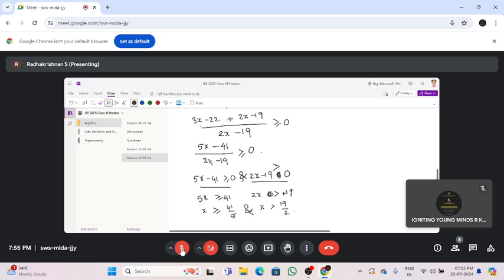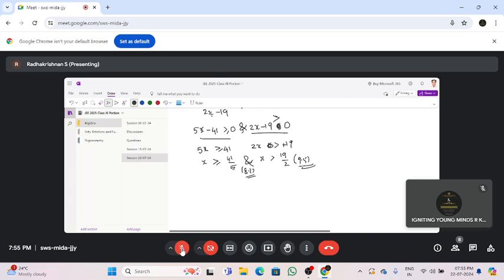So what value of x will satisfy both these conditions? Greater than 9.5 implies definitely greater than 8.2. Because this is 9.5 and this is only 8.2. So greater than 9.5 implies greater than 8.2, but greater than 8.2 does not imply greater than 9.5. So we have to take greater than 9.5, and that will satisfy both.